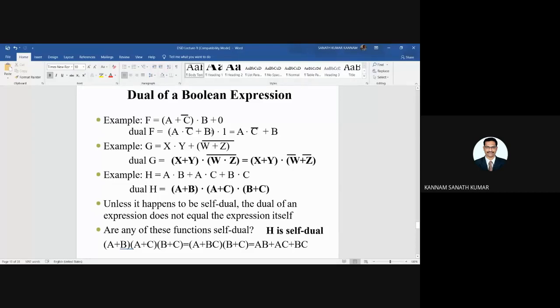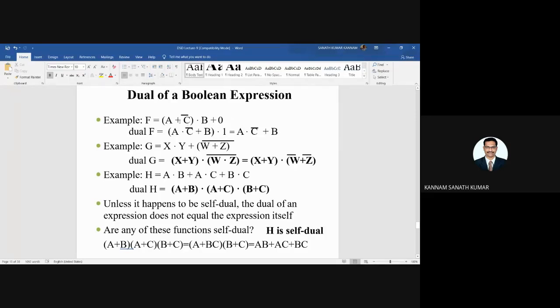So what is the dual of the operation? Dual of f: the OR operator will change to AND, AND will change to OR, and zeros will change to ones. So the dual of A plus C bar into B plus 0 you can write as A dot C bar plus B into 1.